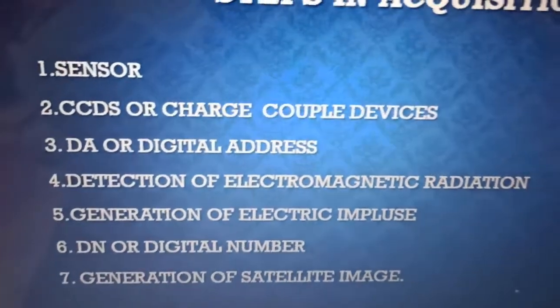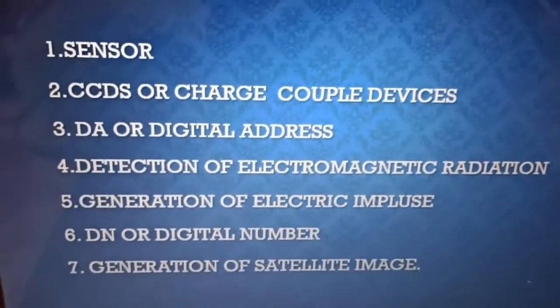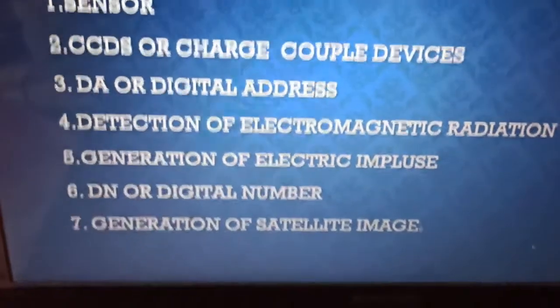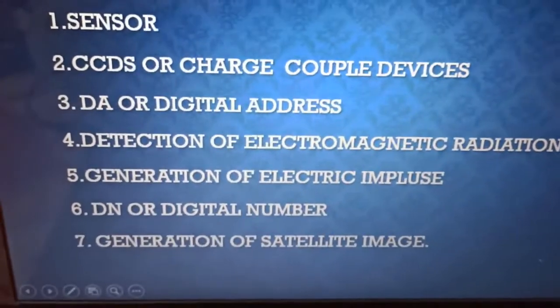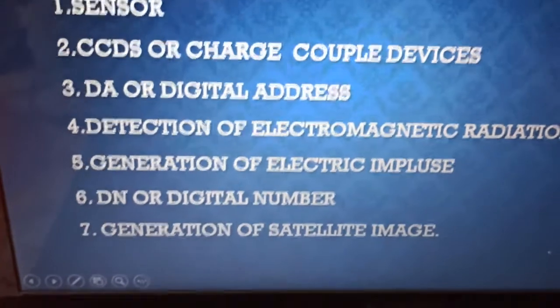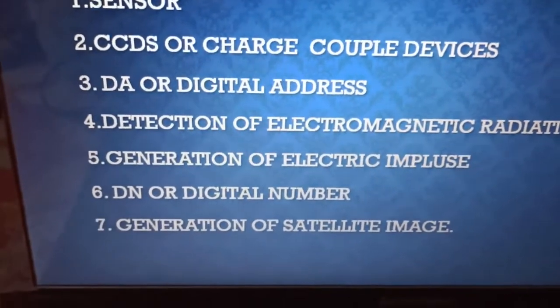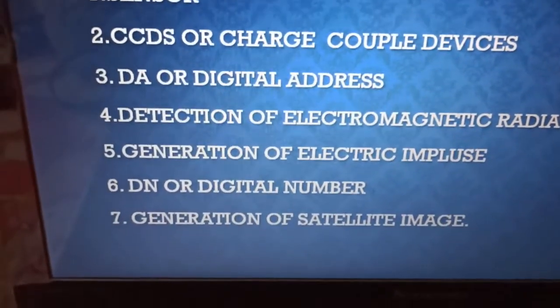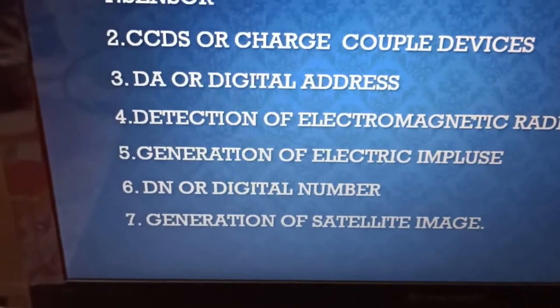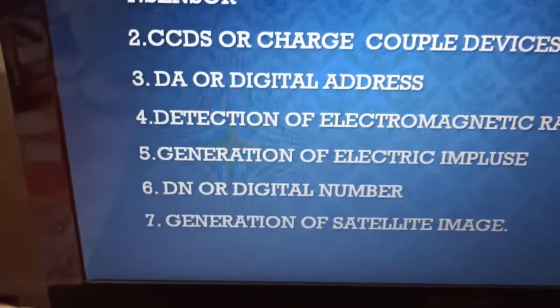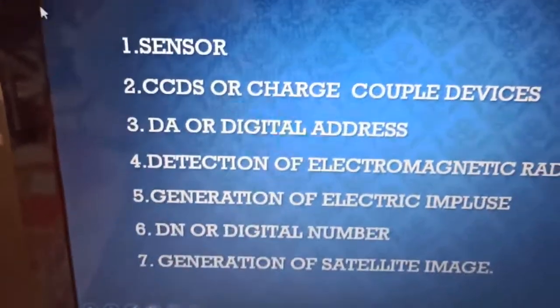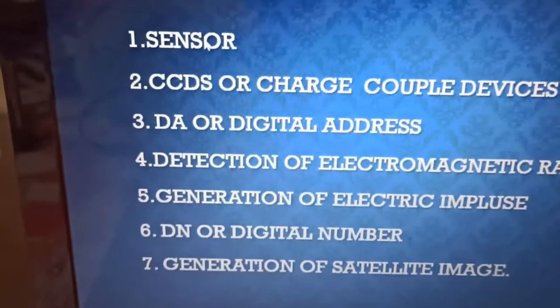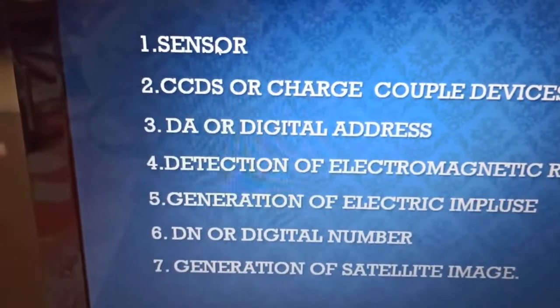Next are the steps in acquisition of satellite imagery. The first step is the sensor. Remote sensing obtains information about an object without touching that object. It is a technology of acquiring data through a device, which we call the sensor.